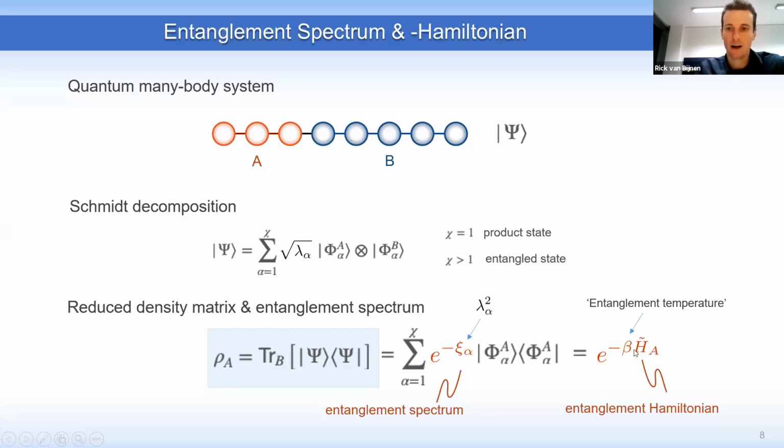So if I have a very large beta, which meant I had zero entanglement temperature, I only have one Schmidt component that's relevant, and I had a product state. And in the other case, when I make this zero, then all components have the same weight. So I have a very entangled state.